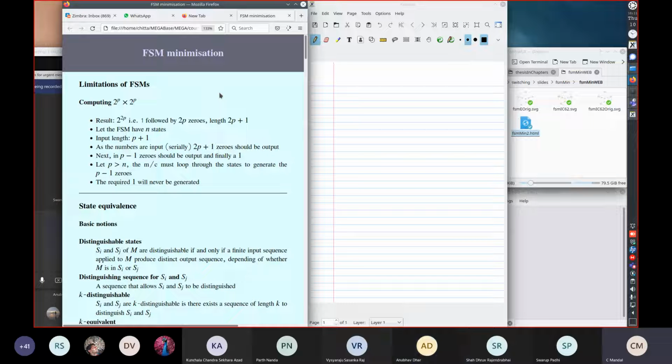The first thing written there, computing 2 to the power p times 2 to the power p for an arbitrary value of p, you cannot do using finite state machines, or for that matter, finite state transducers.